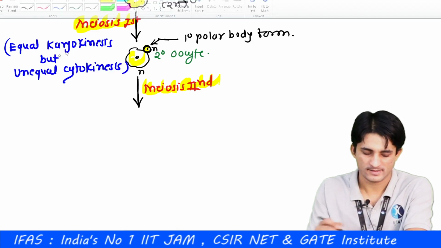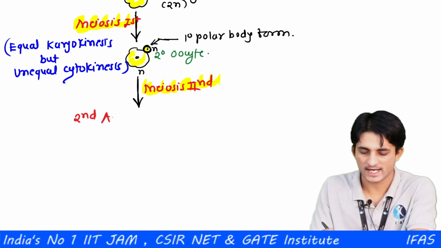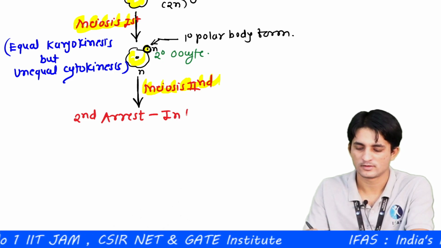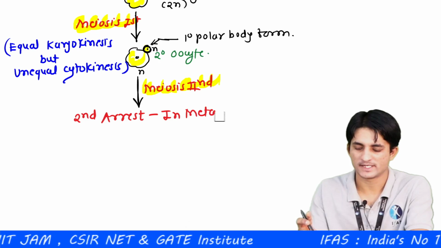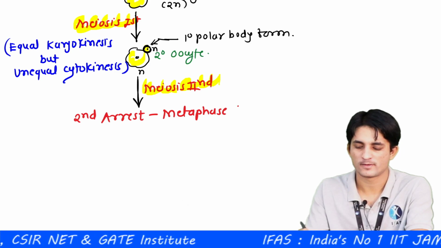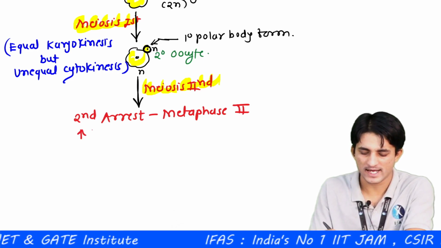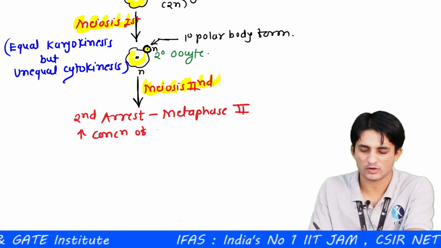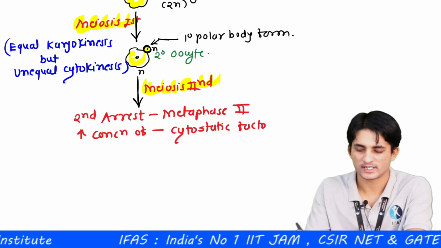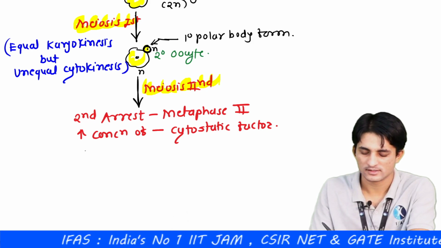The second arrest is in metaphase 2, and it is due to a high concentration of cytostatic factor.